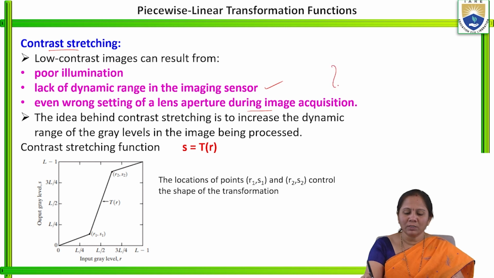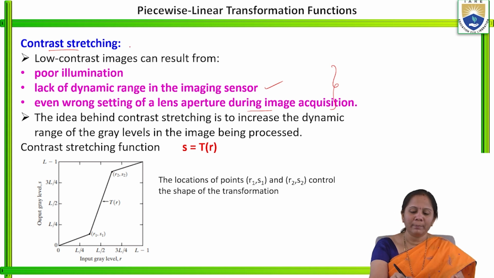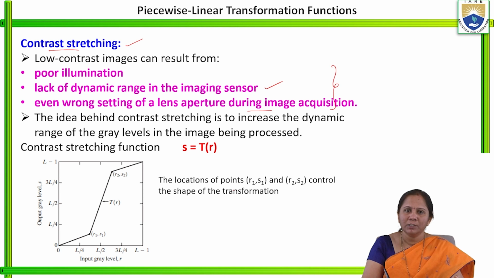All these are different reasons for the acquired image having low quality. To enhance that low quality image, we apply contrast stretching. It increases the dynamic range of the gray levels in the image being processed.